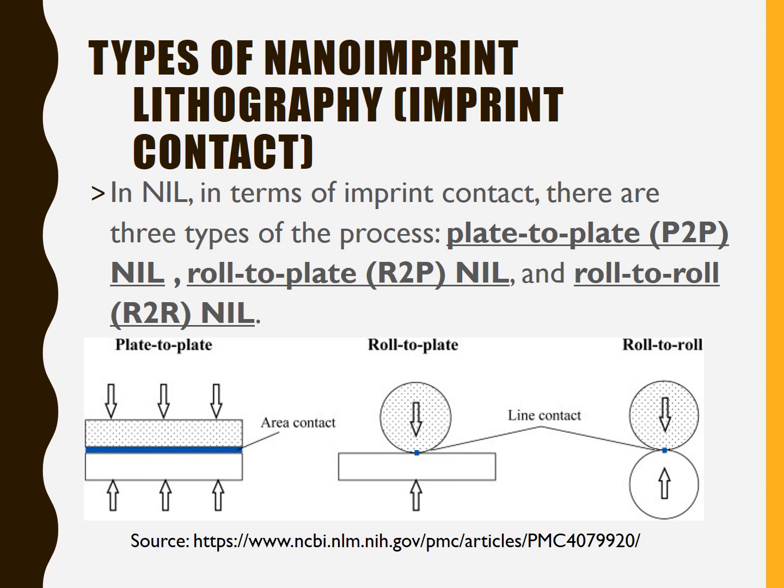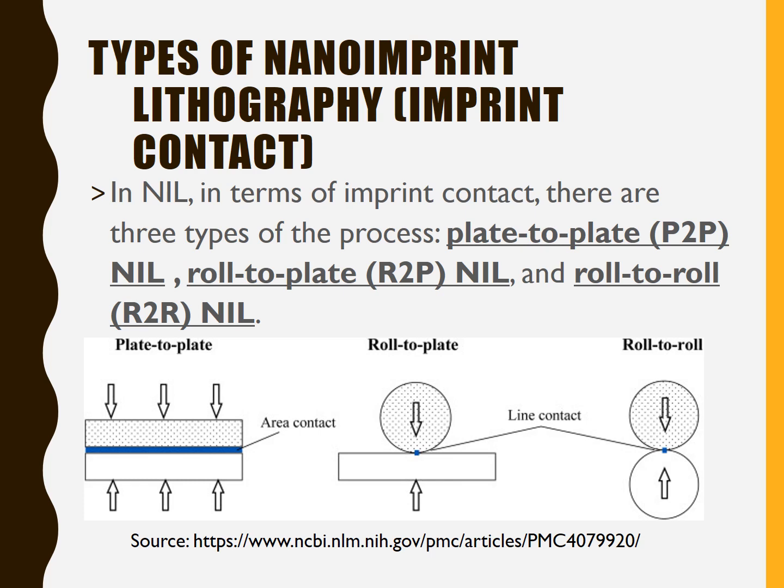Here you can see that the area of contact is huge. That means that you'll need a lot of force coming from here to create that imprint, to compensate for that huge area of contact. In general, P2P NIL may be conducted in two different manners: single step imprinting and multiple step imprinting.